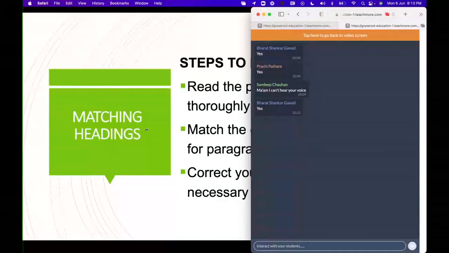It's not just matching headings. So then you start making quick judgments, you start guessing answers, and you do that by reading the keywords or reading just the first line. You cannot do that. And second, you have to read faster, you have to read well. Whatever you read in your passage, you have to make sure that you have derived the information completely. That's how it is.